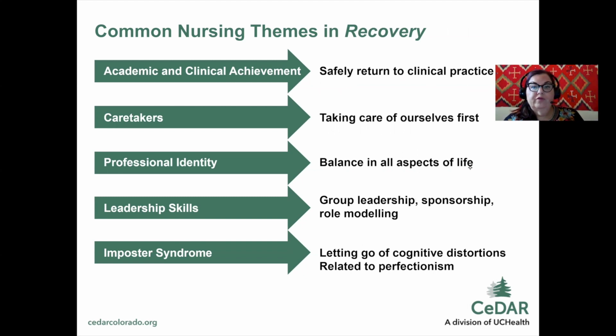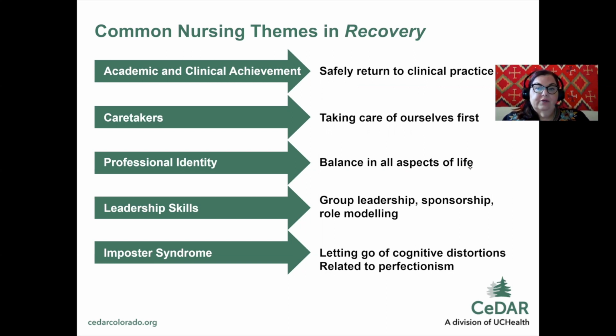So as we work with nurses who've come into treatment, what are our goals in correcting or adapting those distortions that became active during the time that substance use disorder was active?